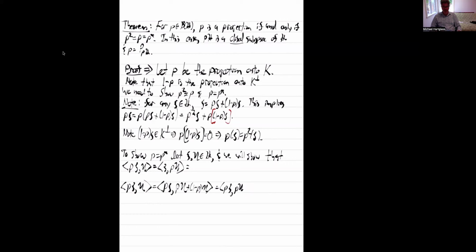Then we're going to add to that P C, 1 minus P of eta. Except we're going to note here that 1 minus P eta is in K perp, and P C is in K. So the second inner product is 0. And we're going to conclude that this is going to be equal to P C against P eta. All right.